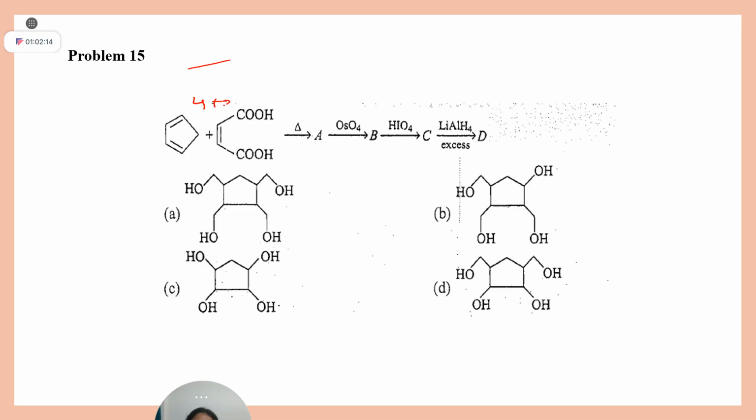Since you don't know this reaction, this is, student, you are having a diene, you are having a dienophile. First a 4 plus 2 cycloaddition takes place.